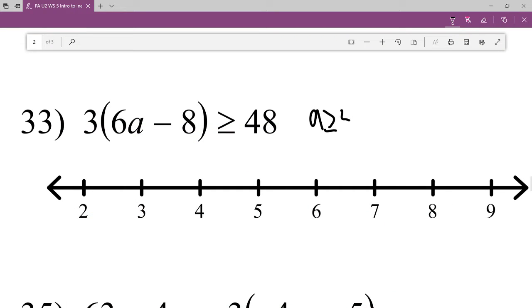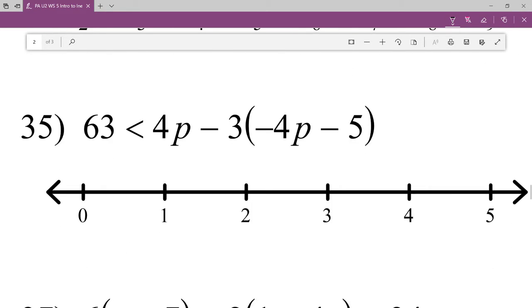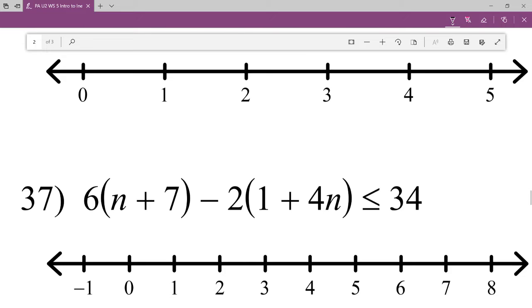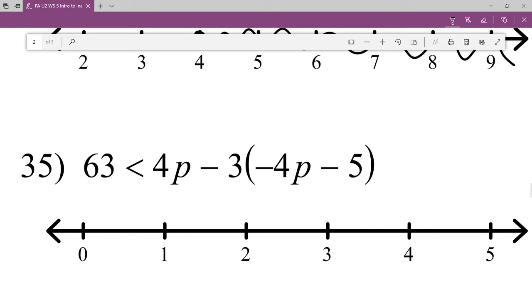So you would do a dot right here, and then you would say greater than or equal to 4. Okay, so this one is a little bit trickier, but again, you have to do it step by step.